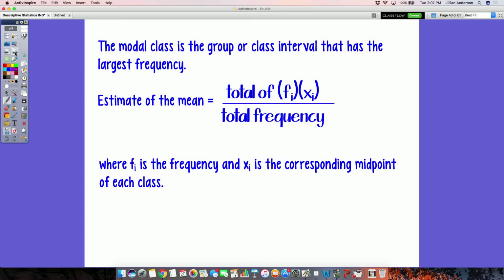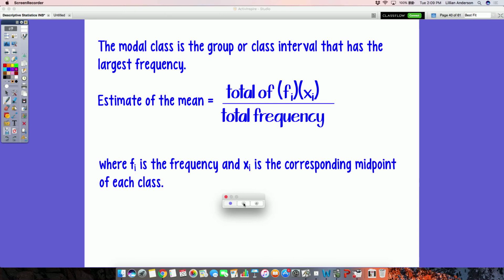And then to find the mean, because it's an estimate and not the exact mean, we're going to take the frequencies and multiply them by their corresponding midpoints in each class, add them all up, and then divide by our total frequency.